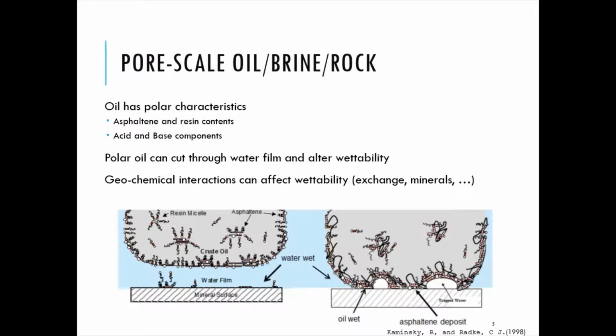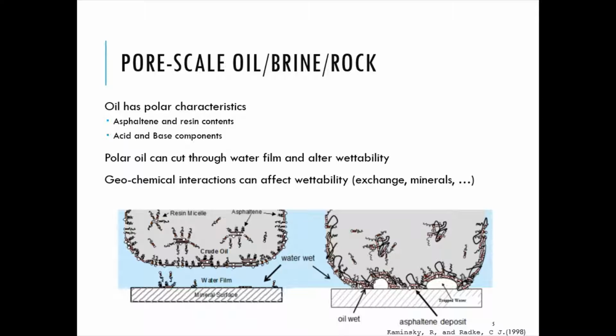So the cornerstone of the low salinity effect is wettability alteration and enhanced oil polarity. And the oil polarity can be determined by asphaltene and resin content and acid-base components. As this illustration shows, the oil can cut through the water film and adhere on the rock surface directly.